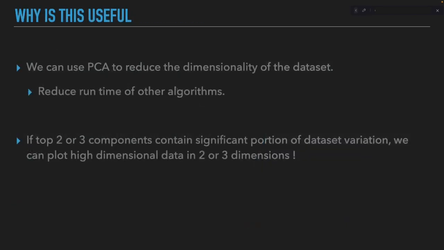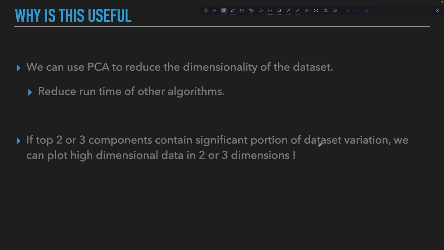And you might wonder why this is useful. If we reduce dimensionality and lose little to no information in the process, our dataset will become smaller, which will reduce the runtime of other algorithms. So if other algorithms in a pipeline that come after the PCA have to deal with less data, they will consume less memory and will take less time to execute.